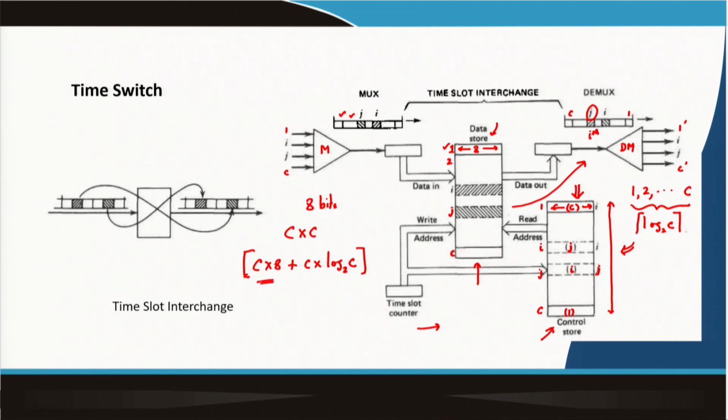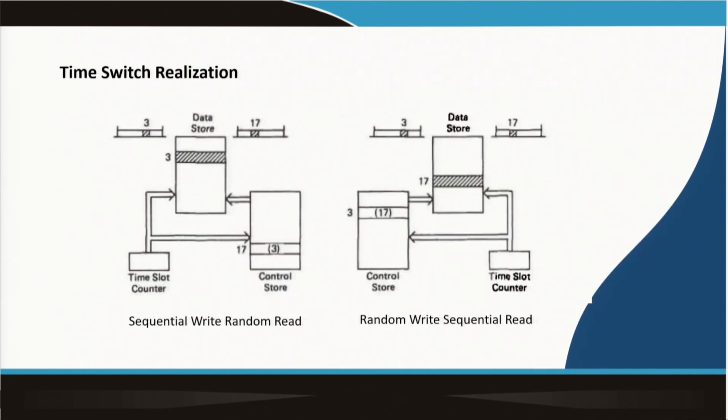This is for the data storage and this is for the control. As you can see, if I use a different PCM encoder, then 8 will change. If I use a different number of multiplexed data streams, then C will change, and accordingly my data requirement will change. I hope this is understood.